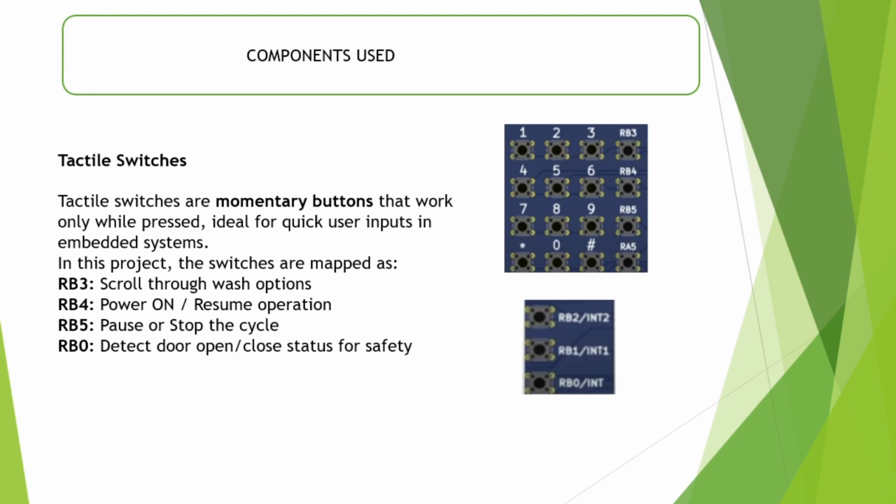And also the RB5 is for pause or stop of the cycle. So this gives you control to halt the washing process whenever needed. And finally the RB0 is very important for safety. It is used to detect if the washing machine door is opened or closed, and this ensures the machine won't operate if the door isn't properly shut.